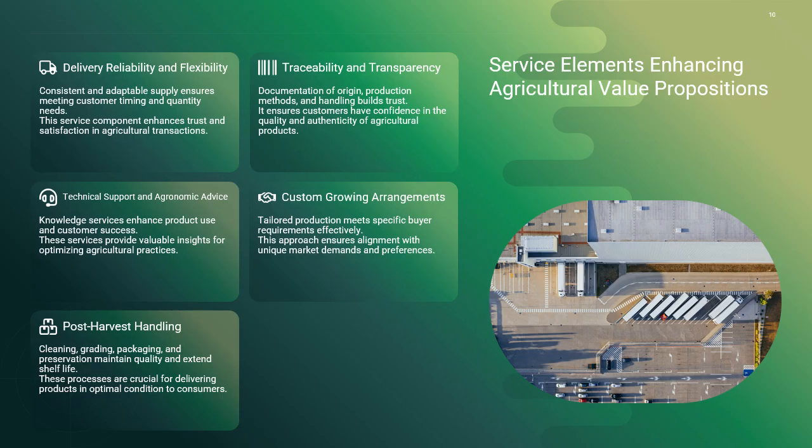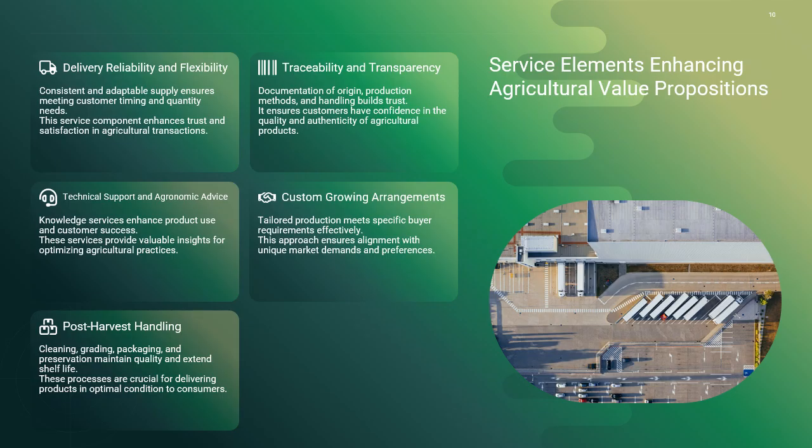This ensures confidence in the quality and authenticity of agricultural products, addressing growing consumer concerns about food safety, sustainability, and ethical production. Complete product histories, verification of production claims, and documentation of environmental practices create value for discerning customers.